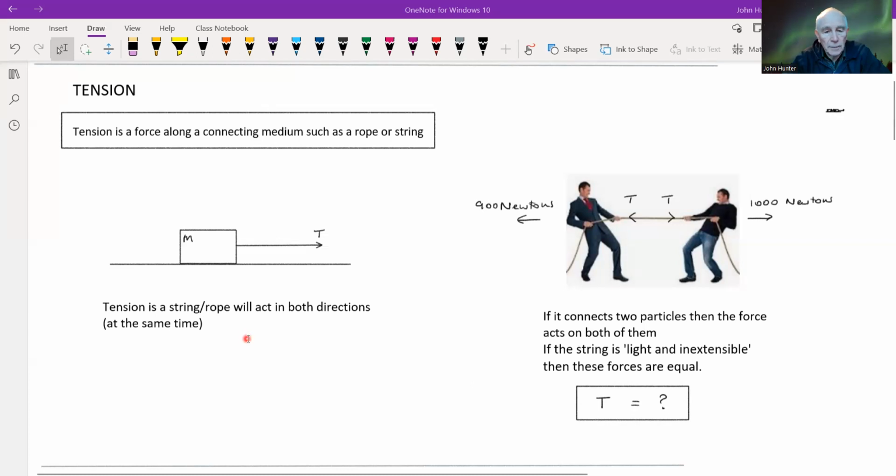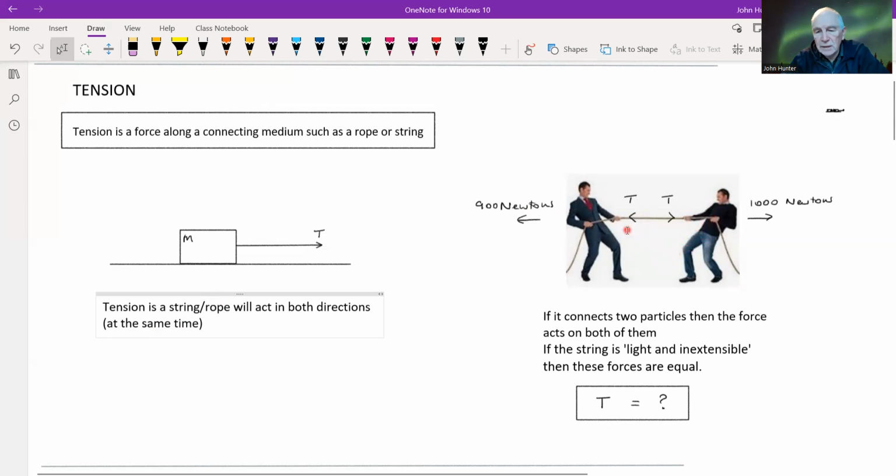Okay, so now the other interesting thing here is that tension in a string or rope will act in both directions at the same time. So if we look at this example here, the two fellas in a bit of a tug of war. They're pulling in opposite directions.